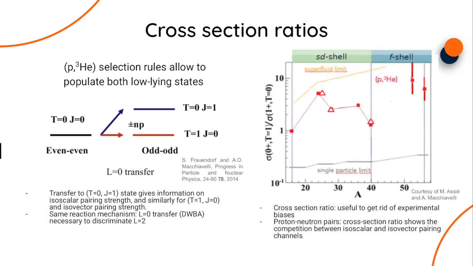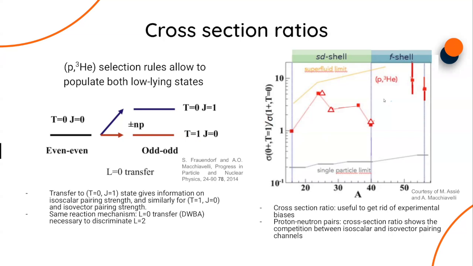Here I'm showing some experiments that have already been done in the past to study exactly that. The value here is the ratio between the isovector and isoscalar states in two-nucleon transfer, proton-neutron pair, and it has been done in the SD shell. You see the superfluid limit here and the single particle limit here. We're interested in doing it in the F shell.